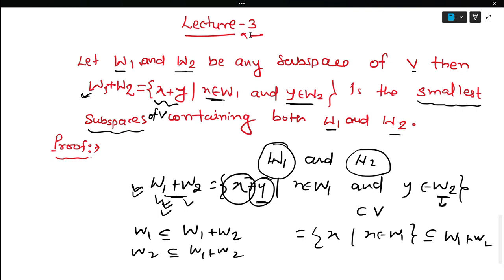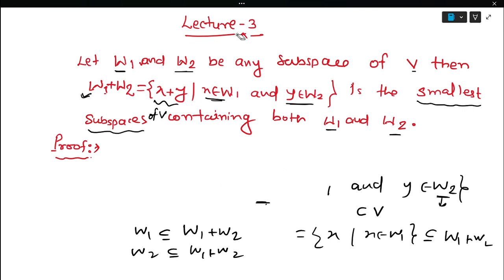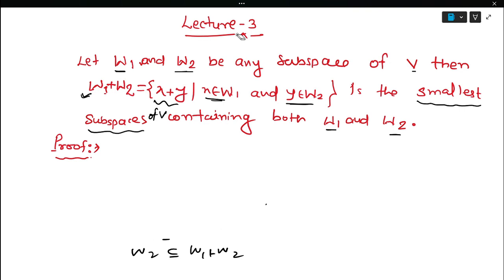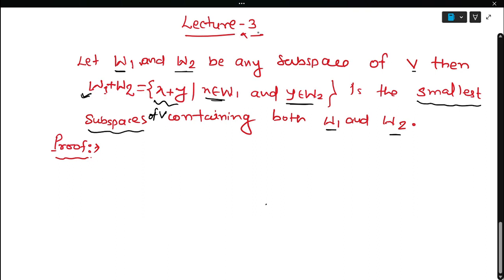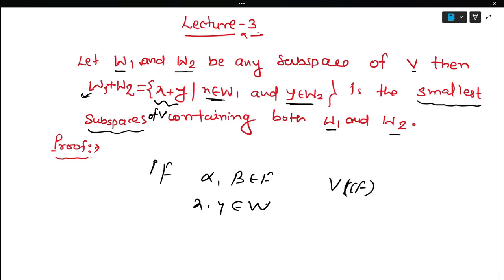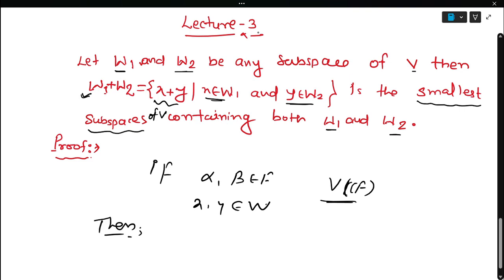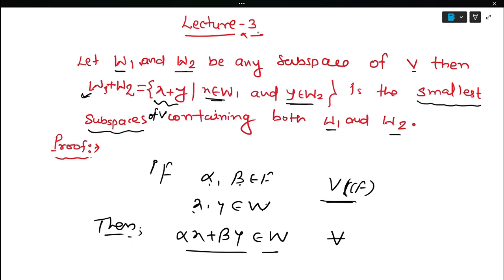Now we will prove that W1 plus W2 is a subspace of V. By the test of a subspace we will prove that this is indeed a subspace of V. What we have learned in the previous lecture is that if alpha, beta belong to the field and x, y belong to W, with V a vector space over F, then if alpha x plus beta y belongs to W for all x, y belonging to W and for all alpha, beta in the field, then we say W is a subspace of the vector space.